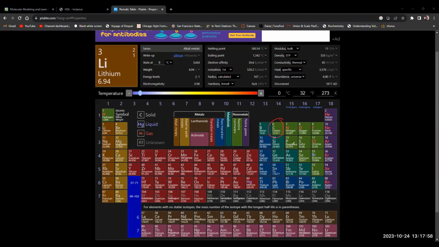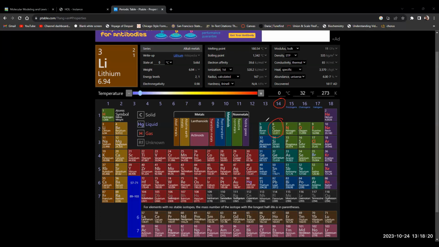Here's carbon. And carbon is in the 14th group, meaning there's a specific amount of electrons that it can share, or it has. I mean, I'm getting ahead of myself.